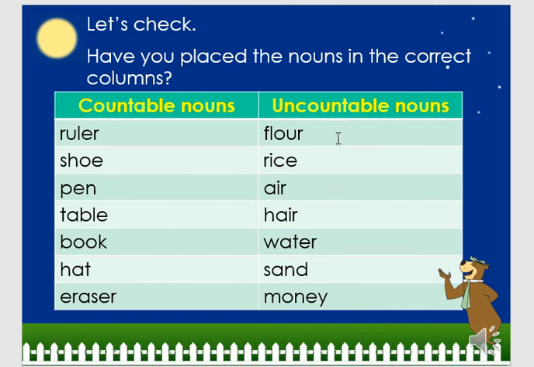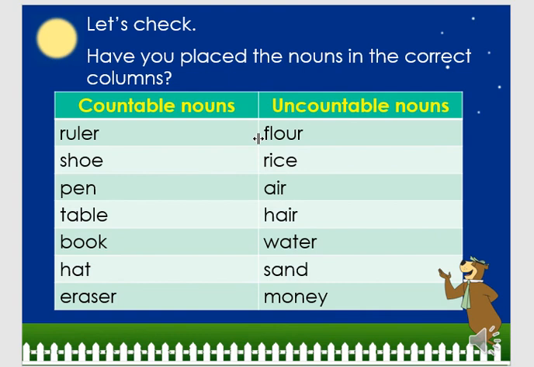Let's look at flour. If I put a number before the noun flour, do we say, I have 2 flour? Or I am going to put 3 flour into the bowl? It doesn't sound right, does it? Because we use something to quantify flour. Uncountable nouns will need something to quantify.